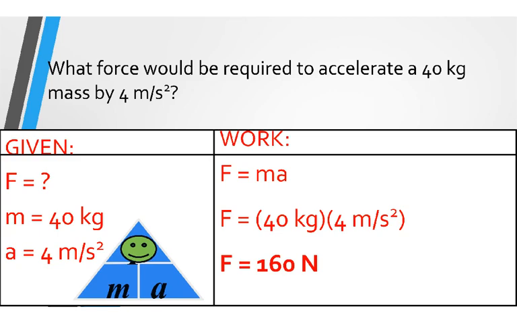If we're looking for the force, and we know the mass and acceleration, we know that on the bottom of that triangle, we're just going to multiply. So your work would be 40 kilograms times 4 meters per second squared equals 160 newtons.